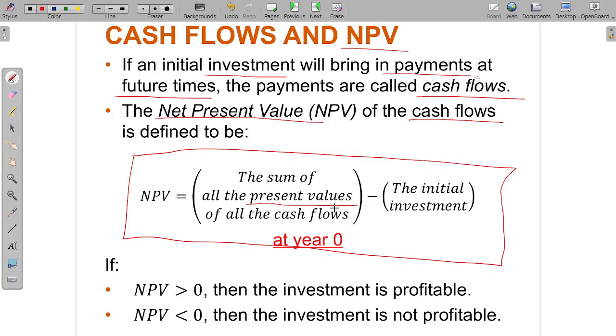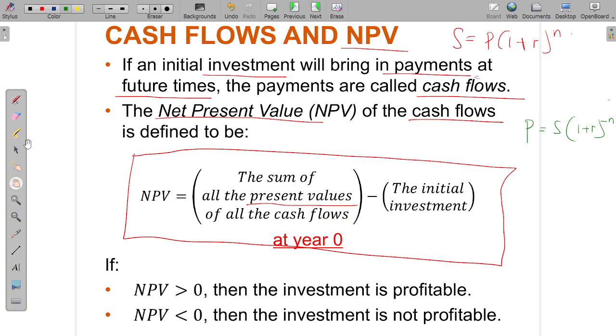When we are calculating the present value, the exponent will be negative. So if we have the future value to be like this, now the present value of this will be this. It will carry a negative power.